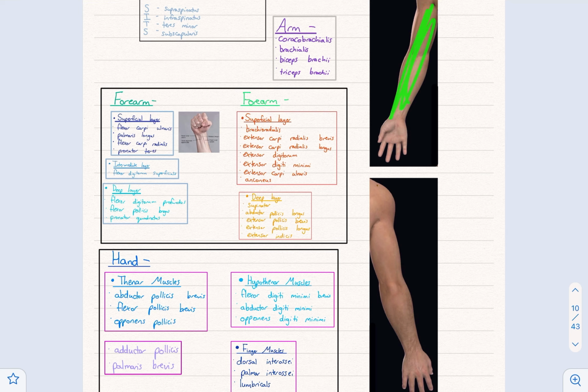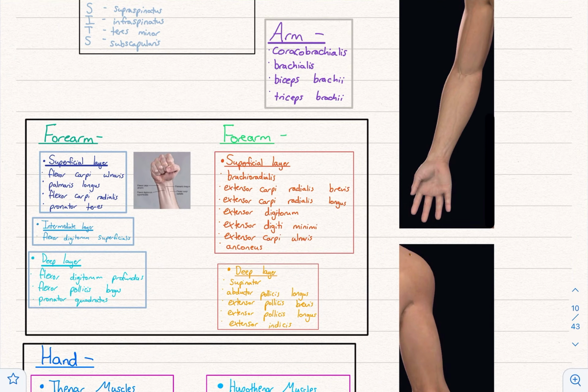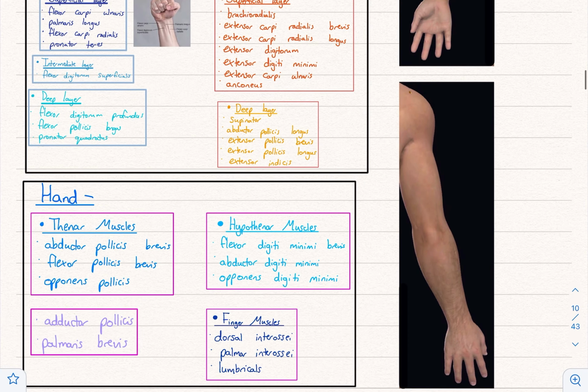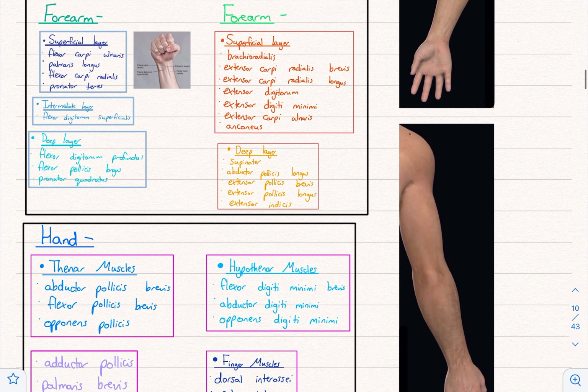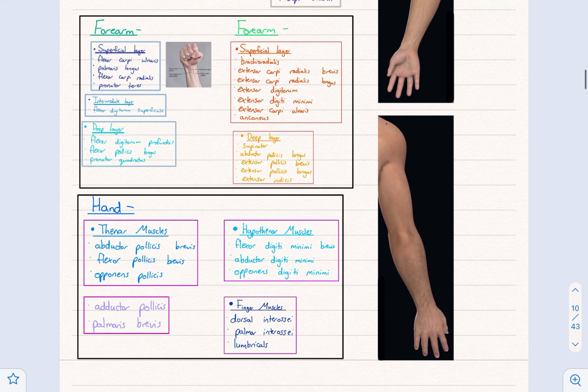This side does all flexion. Look at the names: flexor, flexor, flexor, flexor, flexor. Reducing the joint angle. This side does extension. Look at the names: extensor, extensor, extensor. They extend the arm.